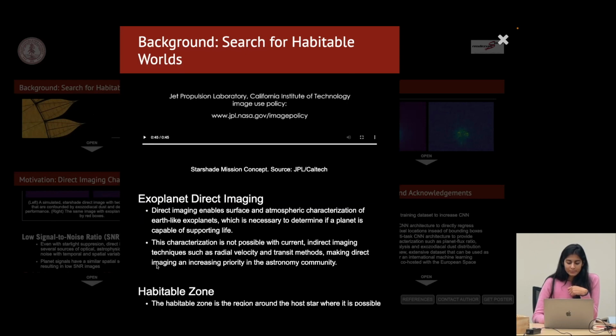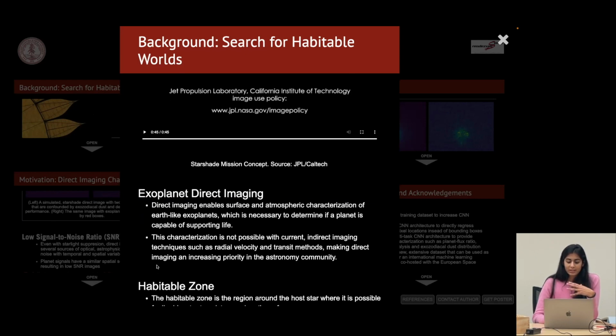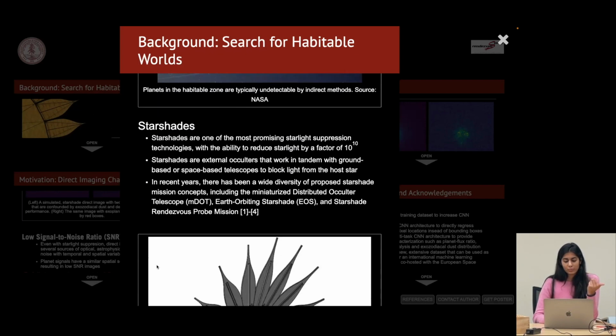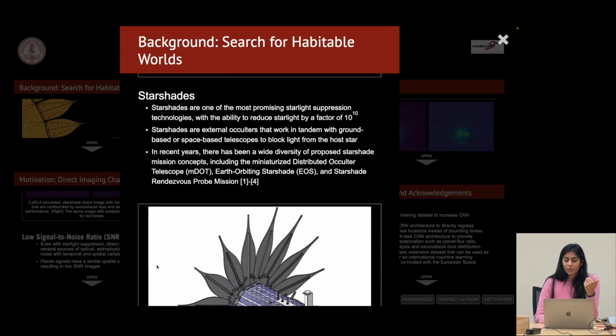With direct imaging, there are a few promising techniques for starlight suppression. One of the biggest challenges for direct imaging is that the exoplanet is significantly dimmer than its host star. So in order to be able to image the exoplanet, we need to suppress the light from the host star to increase the contrast of the resulting image.